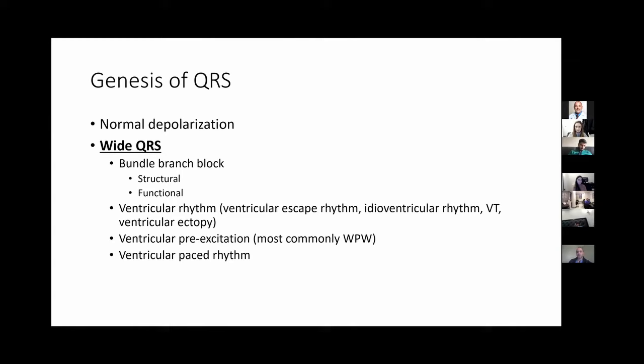So that must not fool you, because some people at some point, depending on the behavior of their heart rate, can have bundle branch block, and then it just disappears. Then obviously ventricular rhythm, whether that's a slow escape rhythm, an idioventricular rhythm, or ventricular ectopy.